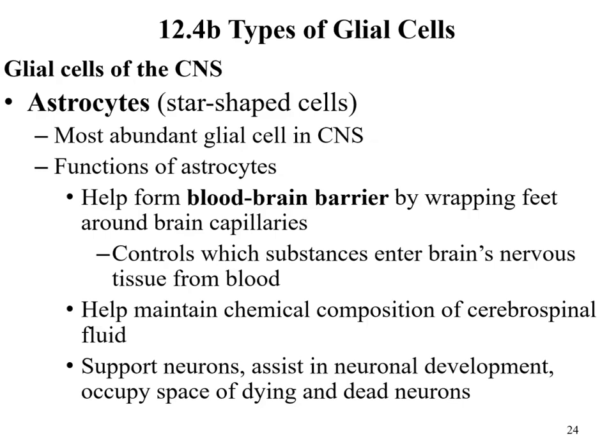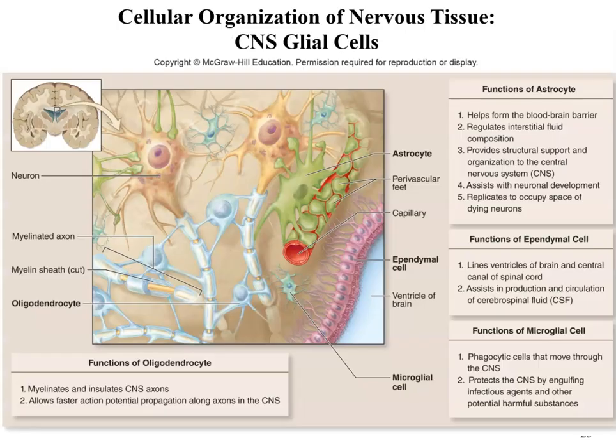Astrocytes are so named because they are star-shaped cells. They are the most abundant glial cell in the central nervous system. They help form the blood-brain barrier, and what they do is wrap their feet around brain capillaries, and I'll show you a picture of that in a second. This controls which substances can enter the brain's nervous tissue from the blood. They also help maintain the chemical composition of cerebrospinal fluid, support neurons, assist in neuronal development, and occupy the space of dying and dead neurons.